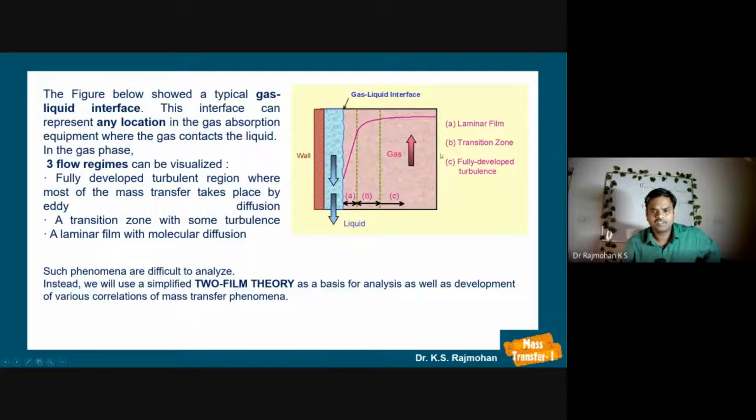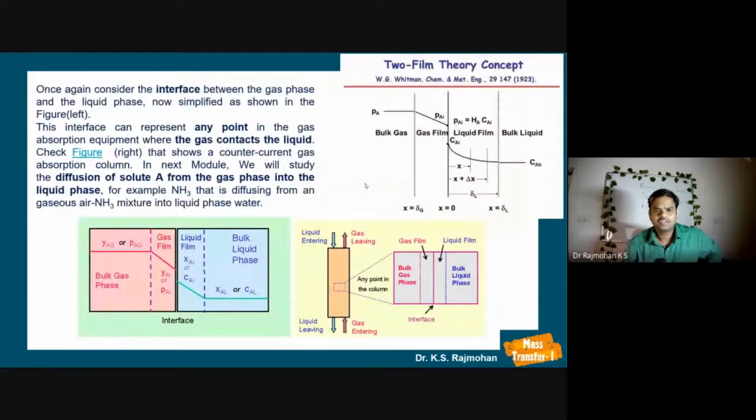Such phenomena are very difficult to analyze, so for that purpose we have simplified it into a two film theory, which is the basis for analysis as well as for the development of various mass transfer correlations useful for mass transfer operations. If you look at this two film theory, please refer to this diagram.